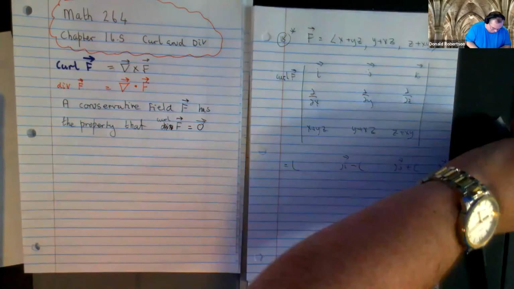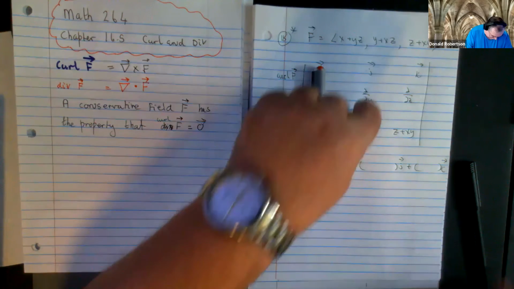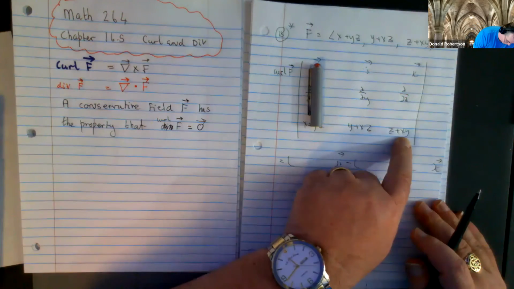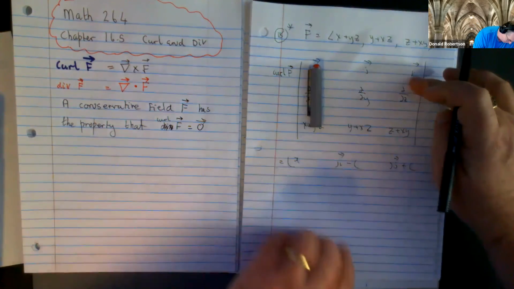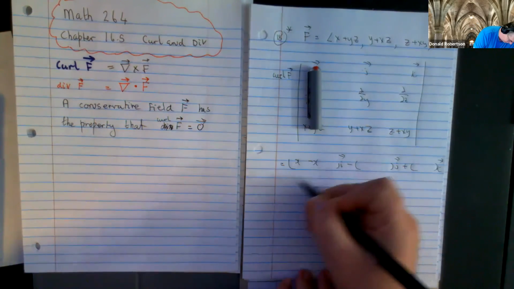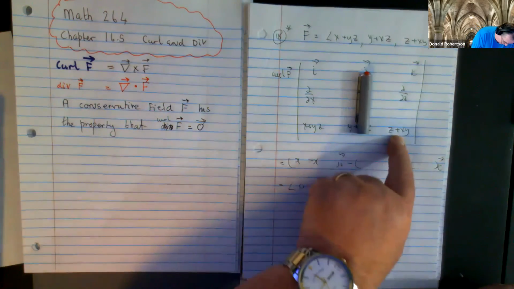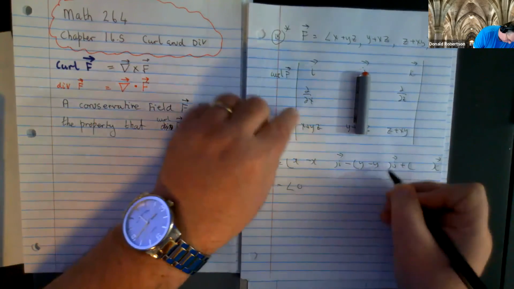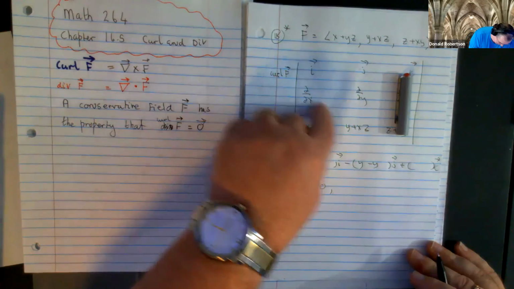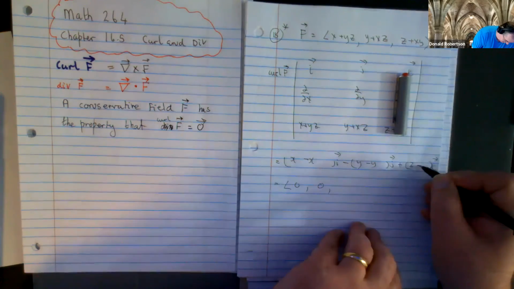This should be 0, 0, 0 if things work out. Here we go. If you differentiate this with respect to x, with respect to y, you get x, and then take away an x. So you did get a 0. If you do the middle one, with respect to x, you get y, take away with respect to z, you get y, and y take away y is 0. And if you go the last way, with respect to x, you get a z, and with respect to y, you get a z, and that gets you 0.